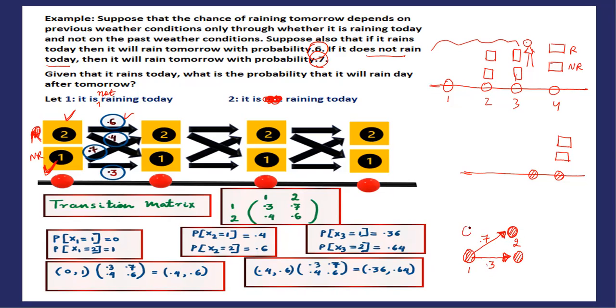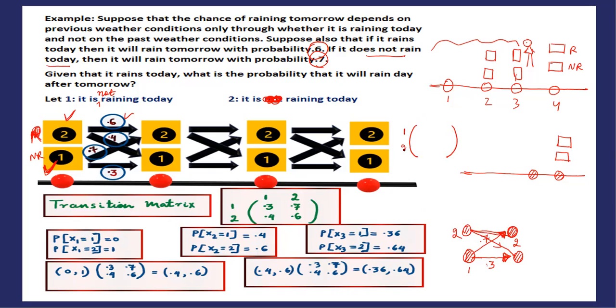And if we are at 2 today, if it's raining, then also there are two chances. It might rain, it might not rain. So we have the transition matrix here. If we are at 1 today, what are the possibilities?